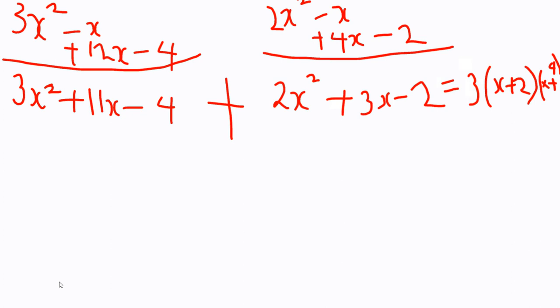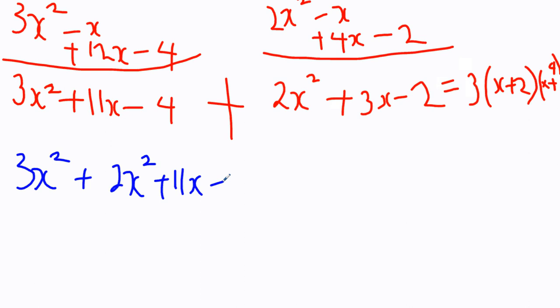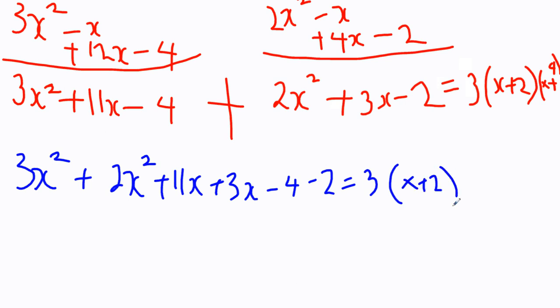So now we're going to collect like terms. I'm going to use a different color pen. So if we have 3x squared plus 5x plus 2x squared plus 11x plus 3x, minus 4 minus 2 equals 3 bracket x plus 2, x plus 4.